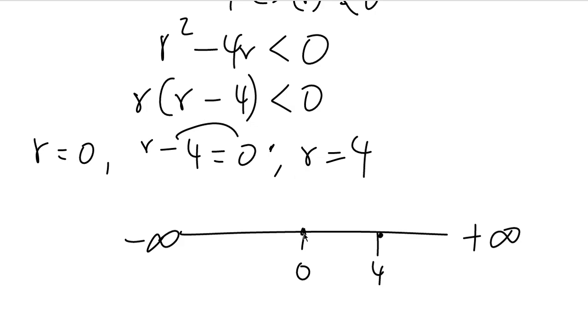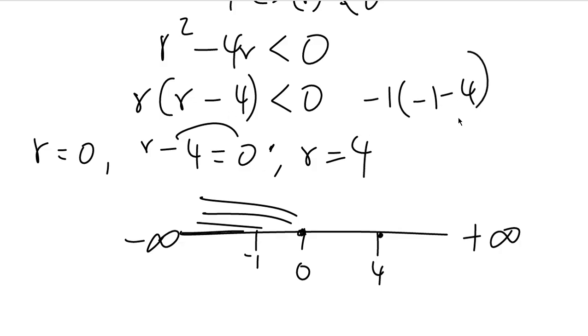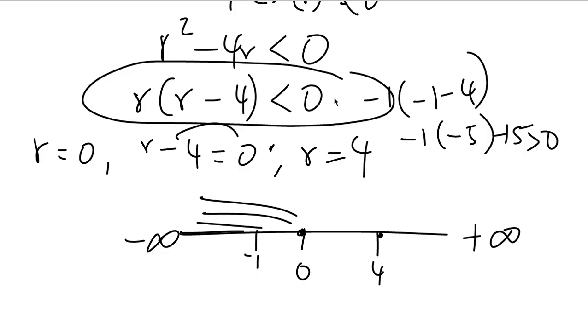Now test for any value less than 0, for example negative 1. Substituting negative 1, negative 1 into negative 1 minus 4 will be negative 1 into negative 5, which is positive 5, greater than 0. But we are looking for values less than 0, so this region is out.